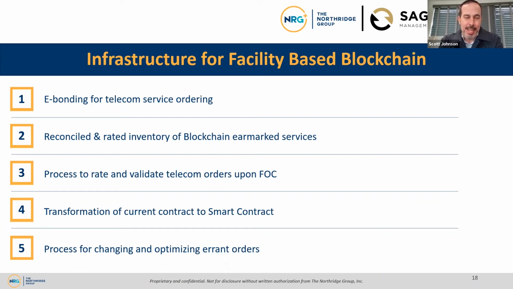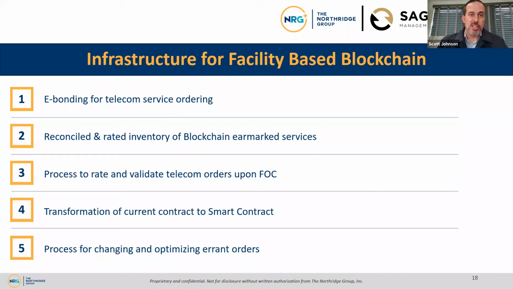The second, and it's really combined with the next 3 bullets, we see rating and reconcile and rating your embedded base as being a critical component. When you have a handshake and it turns into a blockchain, you're not going to receive a bill, and you're not going to be able to dispute those bills, right?